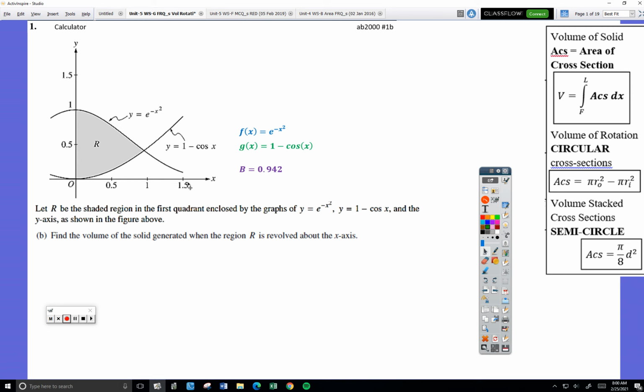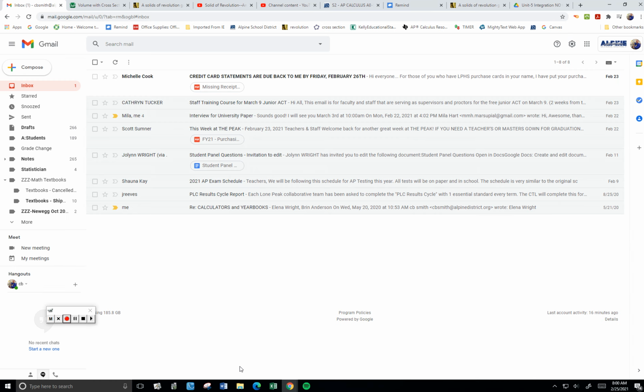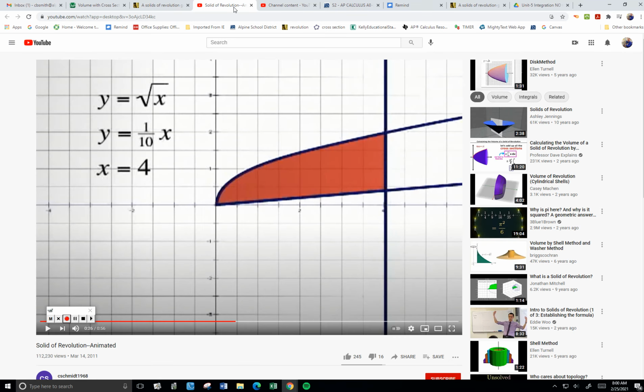Here's a quick video that demonstrates the idea. So our old friend YouTube here. There's a region. It's not exactly the same one as on your paper, but it's exactly the same idea. Here's a region. They're going to rotate that region about the x-axis. So I push play here.